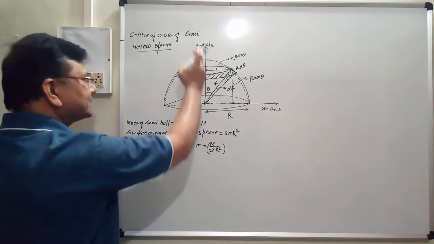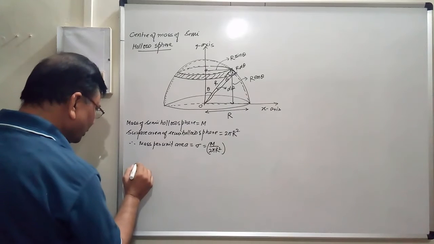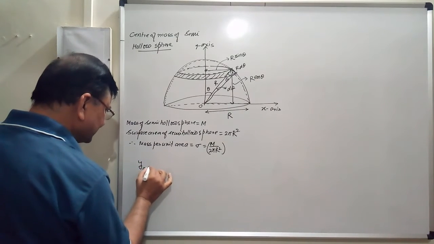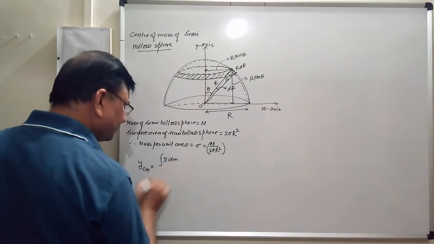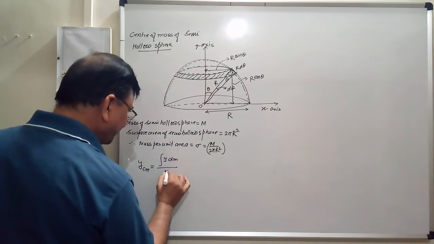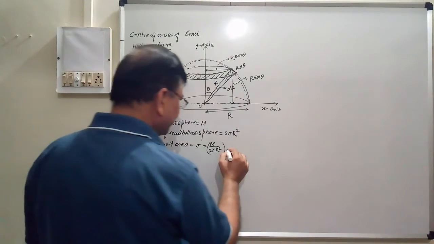It will be along the y-axis. On this only, the center of mass will be there somewhere. So y center of mass is equal to integration y dm upon capital M. That's the formula. So first we will find dm.